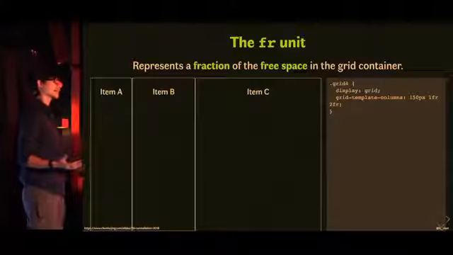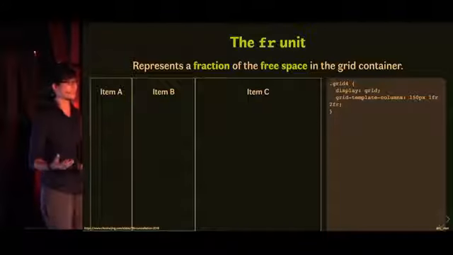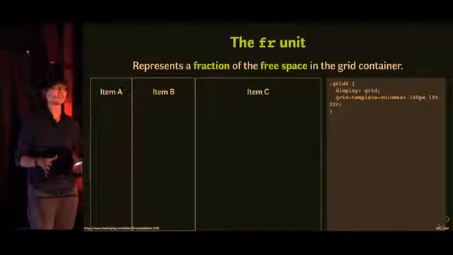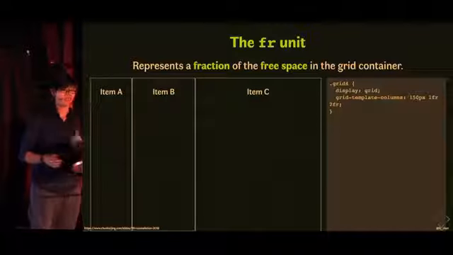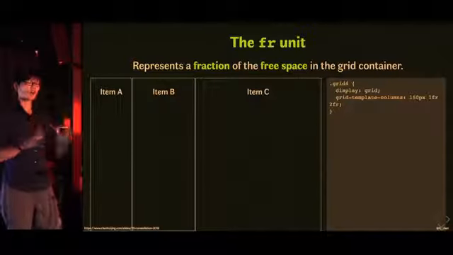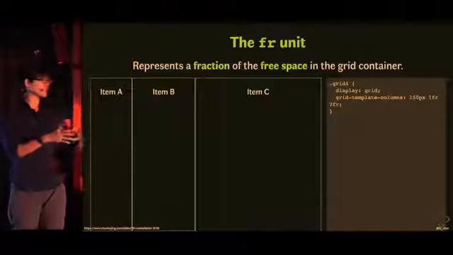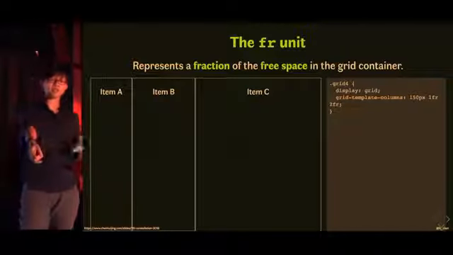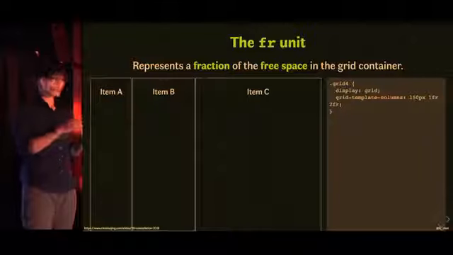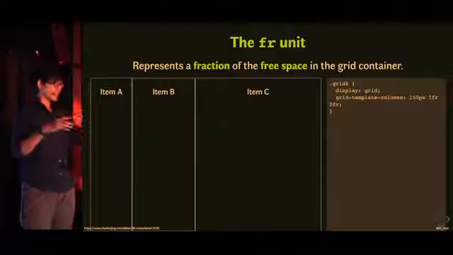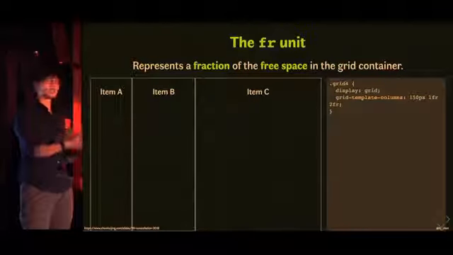One of them is this thing called an FR unit, which represents a fraction of free space in the grid container. After all the space has been allocated to the fixed units, for example, in here I'm using 150, the remaining space will be distributed according to the ratio that you define.